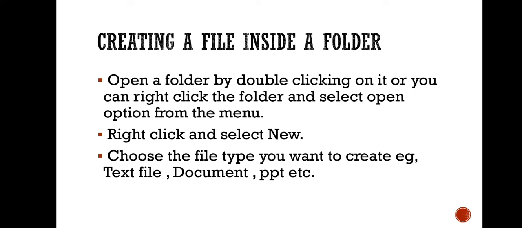If you want to create a document, you can use Microsoft Word. If you want to create a PowerPoint presentation, you can use PPTs. If you want to create Excel sheets, you have Microsoft Excel. And if you want to create a picture, you can use Paint. You can open your Paint application, draw a picture and save it.